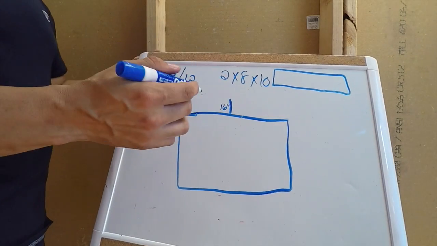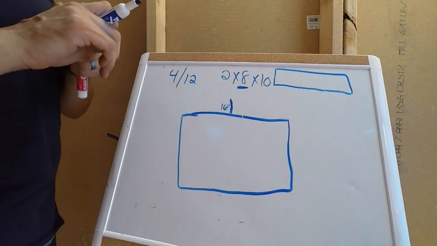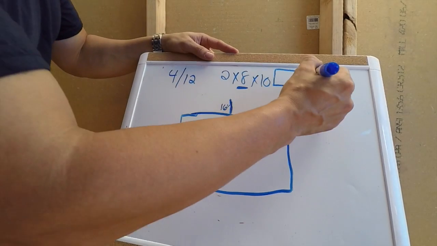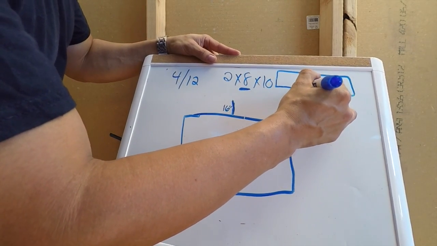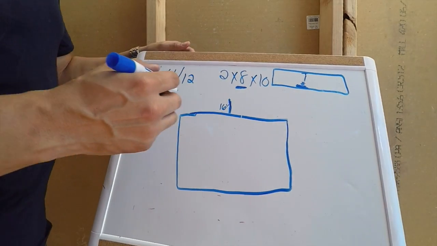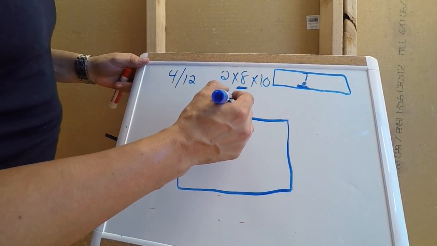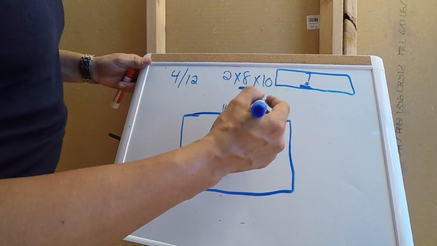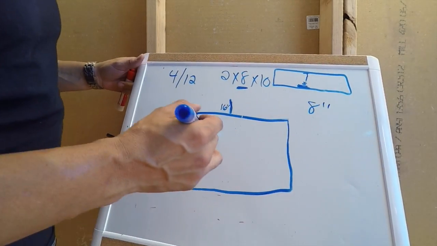The 8 in the middle is the number you need to be concentrating on. That is from this point to this point, bottom point. 8. You're going to subtract from the 16-inch rise your 8, and that's going to bring you to 8 inches.